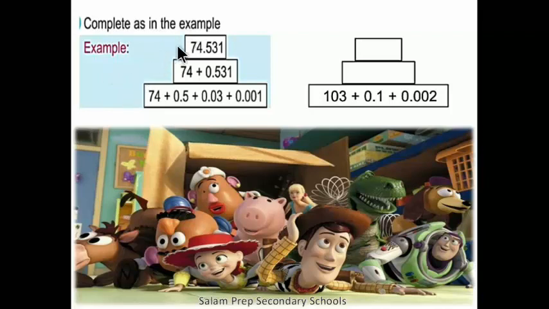This is expand 4. The number 74 and 531 thousandths. We will expand this number to its components. The first part, whole number, 74, plus the second part, decimal part.